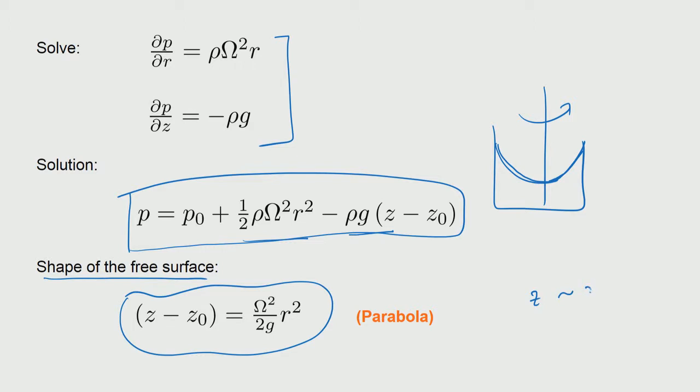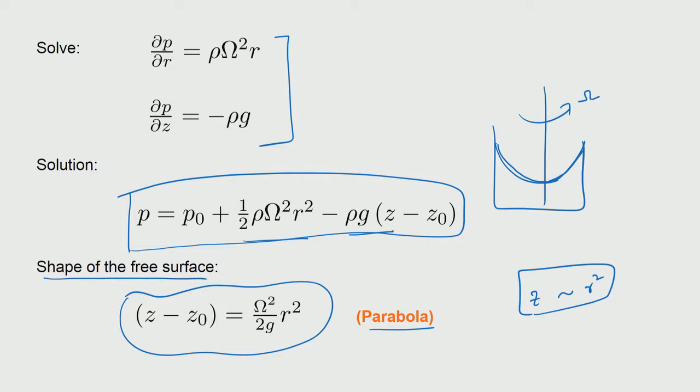Z going as r square would imply that we have a parabola, which means that when we rotate a container of liquid about its own axis at an angular velocity omega, then depending on the magnitude of omega, the parabola will be deeper at higher magnitudes, and this kind of a situation can be used to actually make parabolic mirrors.